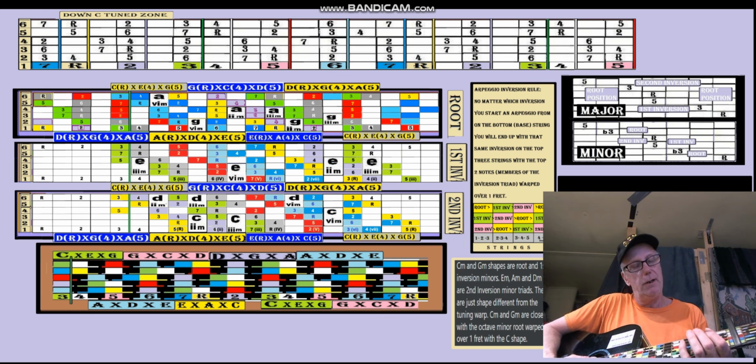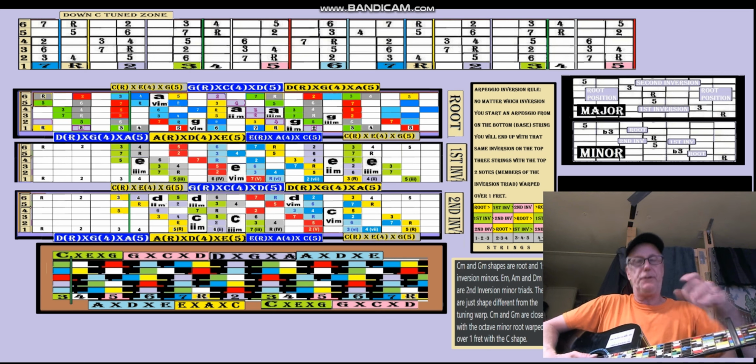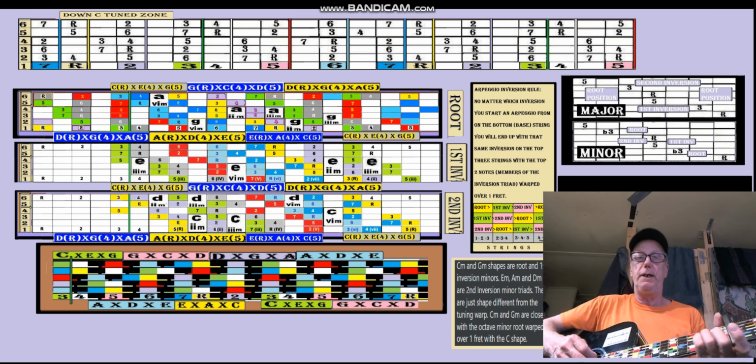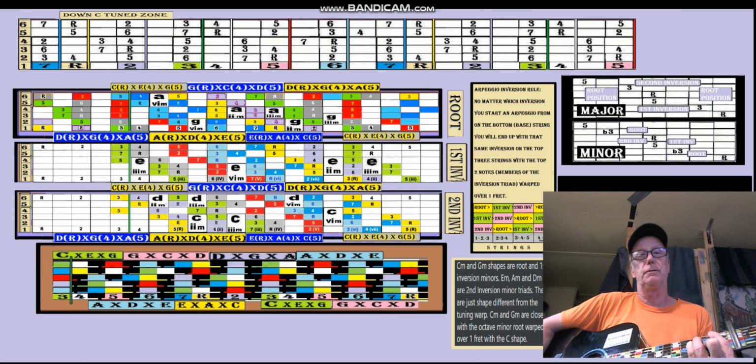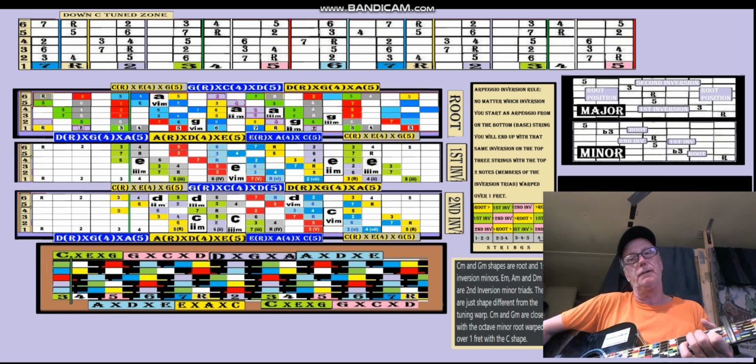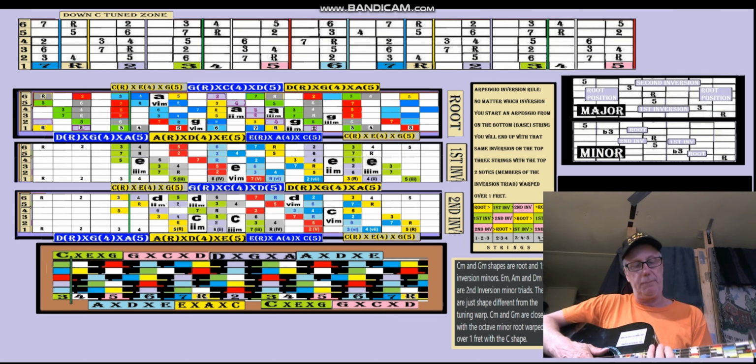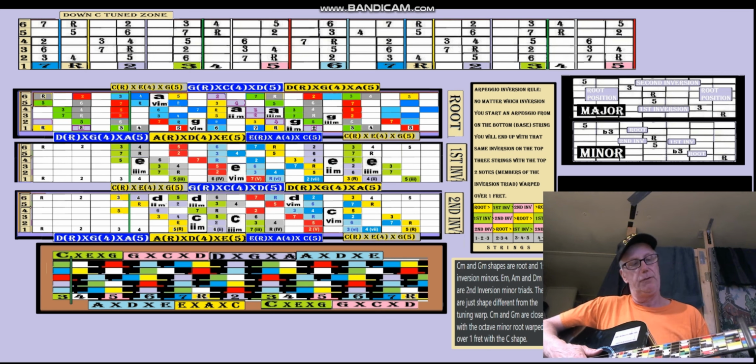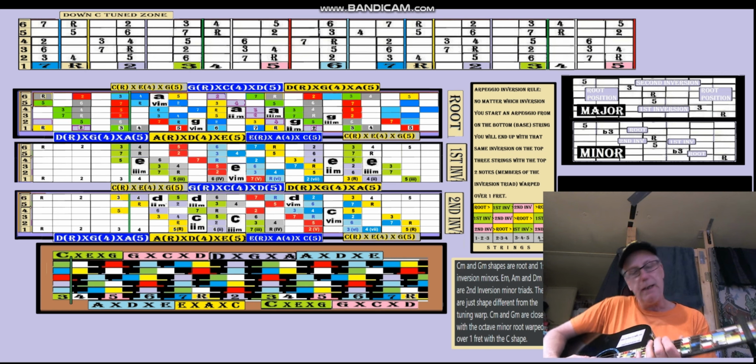Basically, I'm going to exploit this relationship between the E minor, the F major, and the long C. If you bring that up to the B, now we're in the E box.